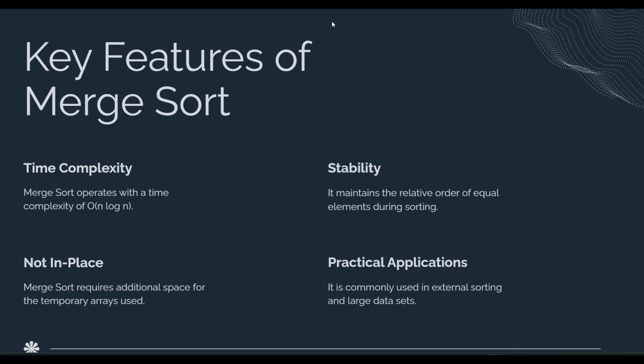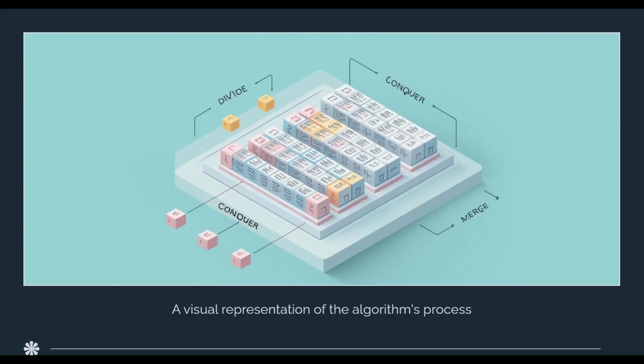Key features of merge sort: time complexity, stability, not in place, practical application. A visual representation of the algorithm process.